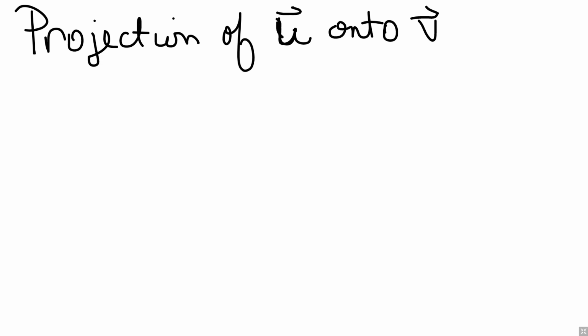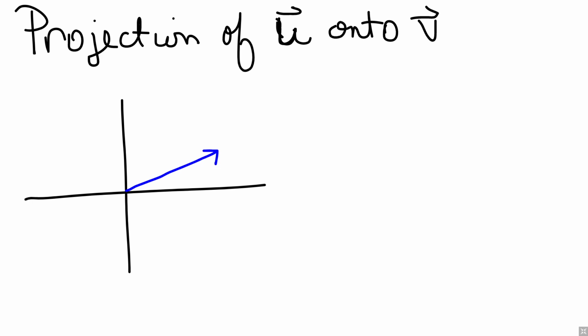So here's how the projection works. Suppose that I have these vectors. I have a vector u here, and I have this vector here that's a vector v.